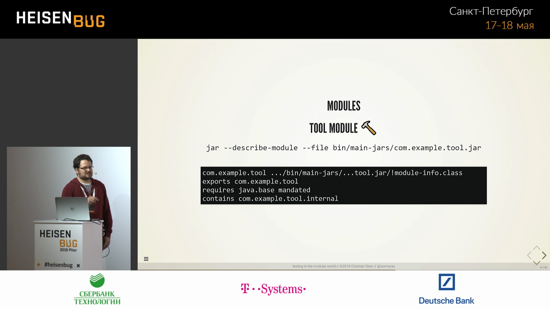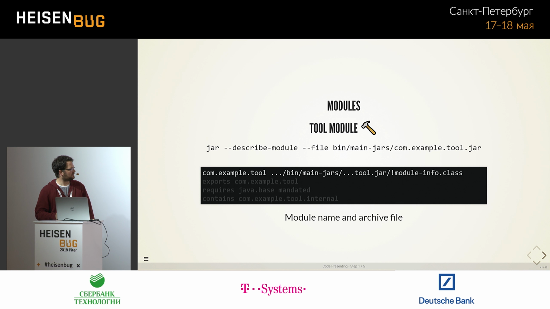Before we test it, let's look briefly into what is generated into the modular files. We see its name, com.example.tool, in the first place. And now the jar command can describe the module more. It sees a module-info class, which is the descriptor.